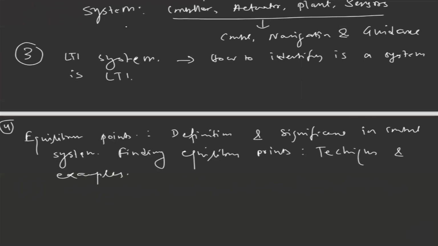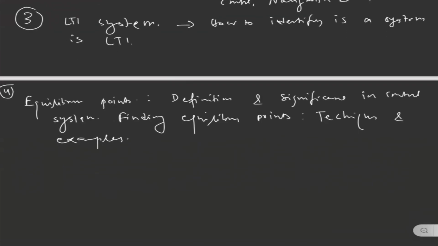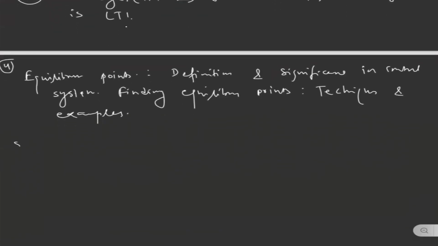We have considered the pendulum system to find the equilibrium point. And then also we have used the small perturbation theory to find the linearized system of the nonlinear system.